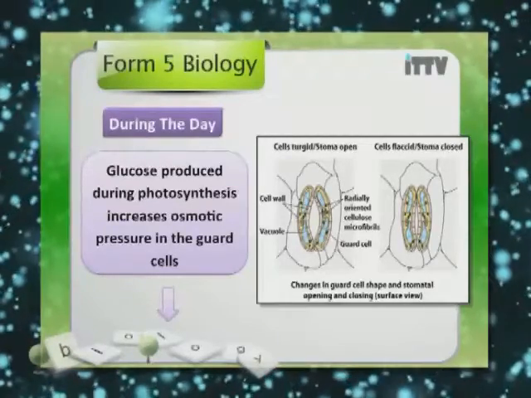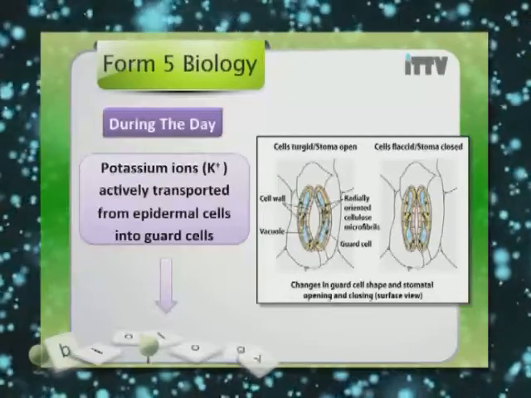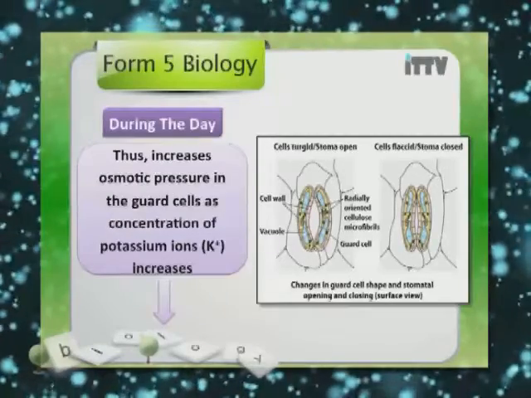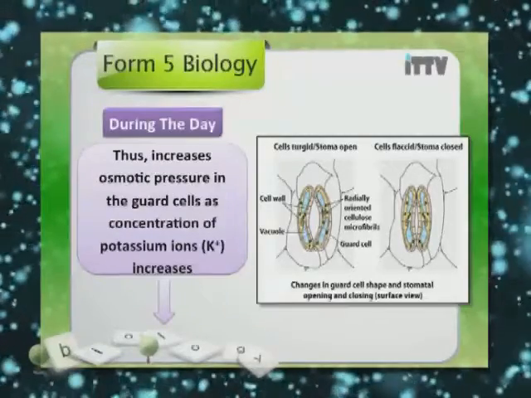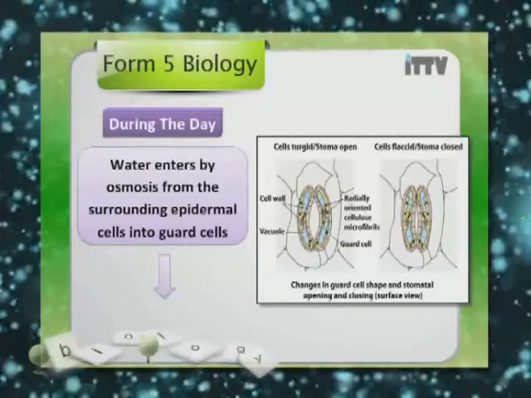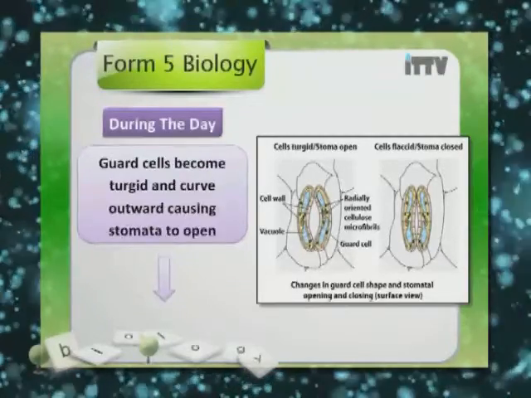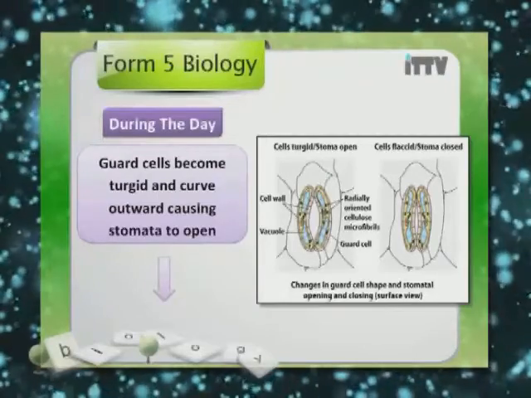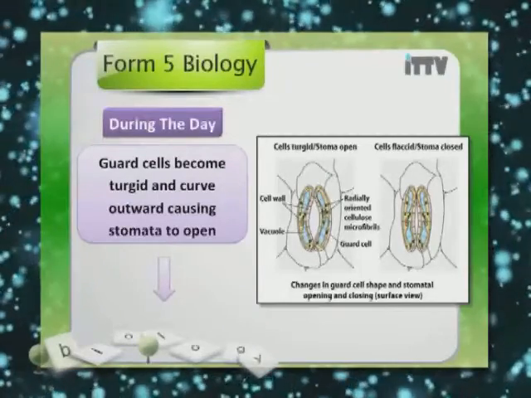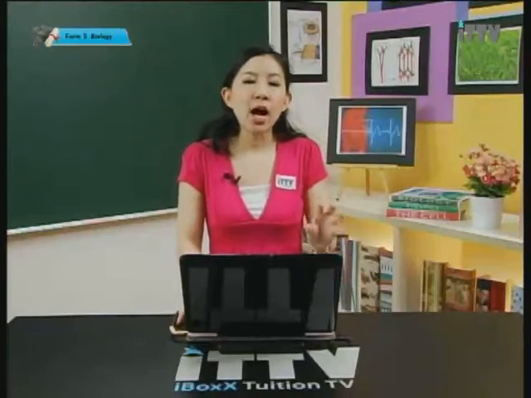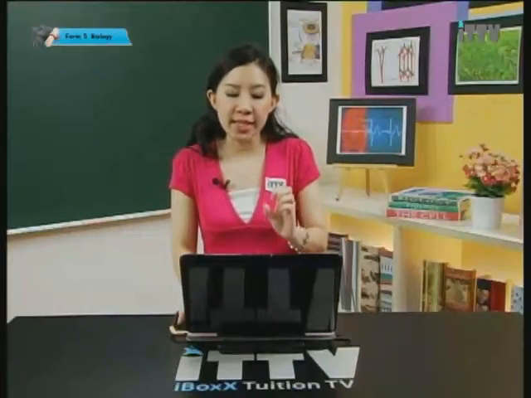Potassium ions are actively transported from epidermal cells into guard cells, and this further increases osmotic pressure in the guard cells as the concentration of potassium ions increases. Water enters by osmosis from surrounding epidermal cells into guard cells, and the guard cells become turgid and curve outward, causing the stomata to open. So basically, that is how the stomatal pore opens during the day.